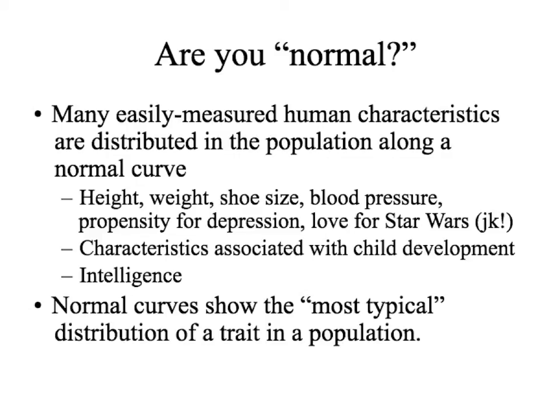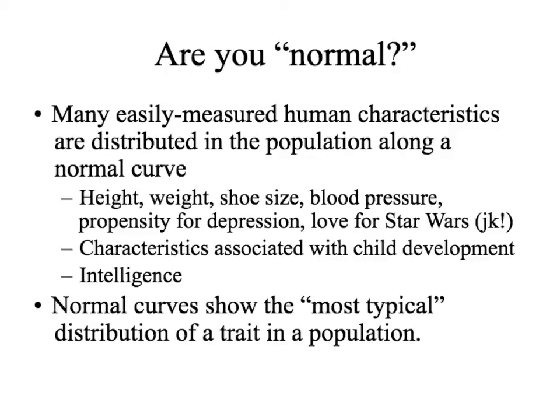But what I want to point out is that many easily measured human characteristics are distributed in the population along a normal curve. Height, weight, shoe size, blood pressure, propensity for depression and other mental difficulties, love for Star Wars.